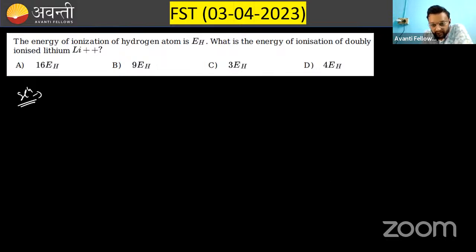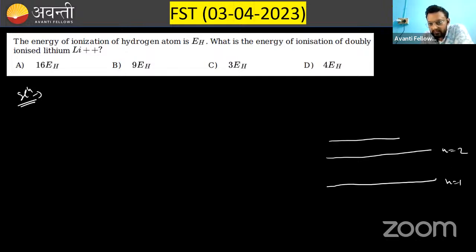Now, if I explain a few things, generally for the hydrogen atom, some well-defined orbits are these. This is n equals 1, n equals 2, similarly 3, and if I move further, there is infinity. For the hydrogen atom, the ground state energy is minus 13.6 electron volt.